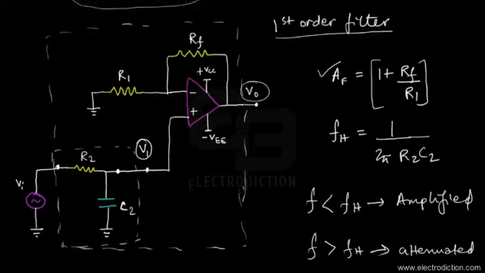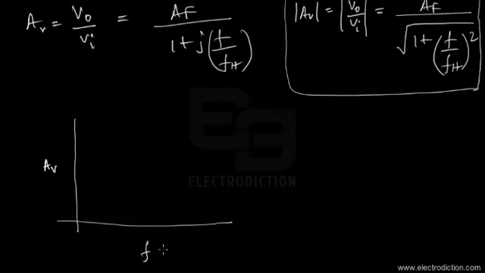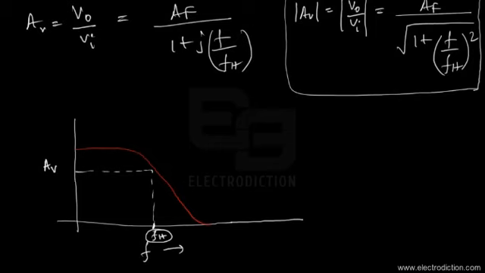Apart from that, when we look at its characteristics, they appear somewhat this way. If we plot the gain of the filter, that is AV, the overall gain of this active filter circuit, versus frequency, we get a curve that looks somewhat like this. It'll have a roll off. If I extend the x-axis a little more, you can see that at this point there is the upper cutoff frequency, fH.